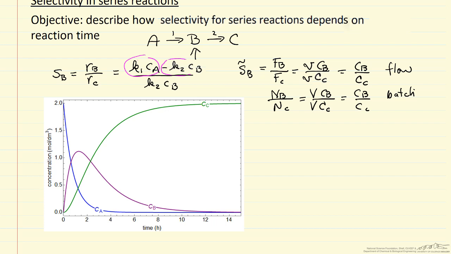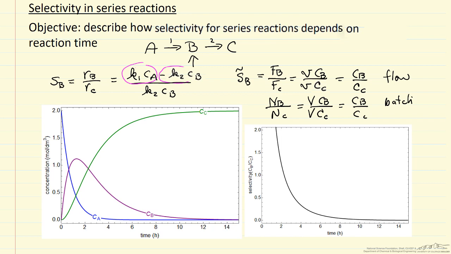And so if we look at the selectivity, we're going to see selectivity is decreasing as reaction time increases. If I were to plot the overall selectivity for the data shown here in a batch reactor, you can see the selectivity decreases with time.